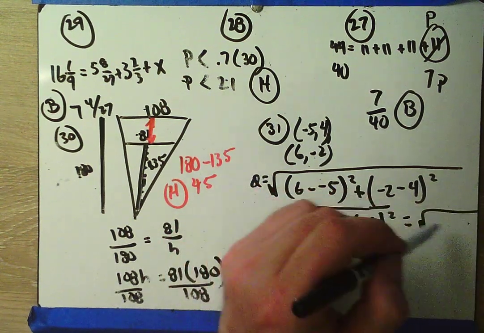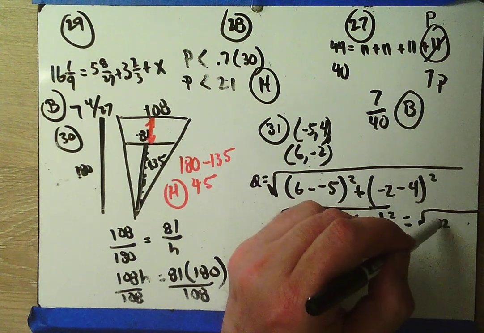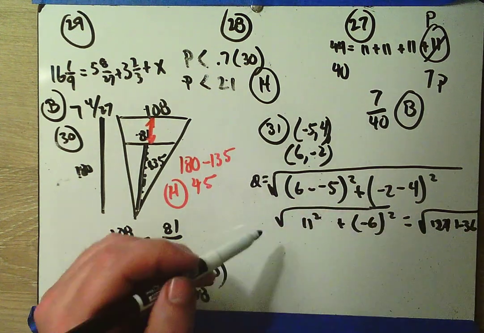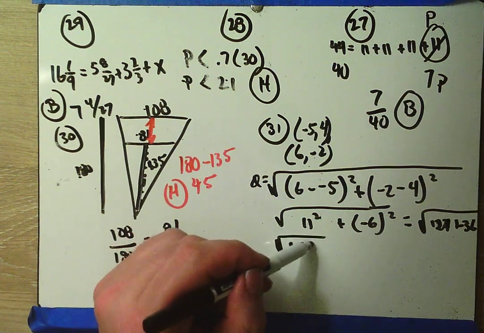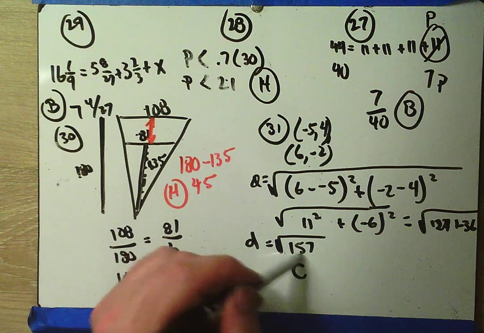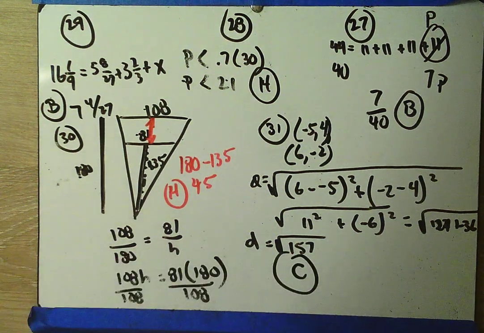Or square root of 121 plus 36, which is going to be square root of 157. The distance is square root of 157, and that's choice C. C for number 31.